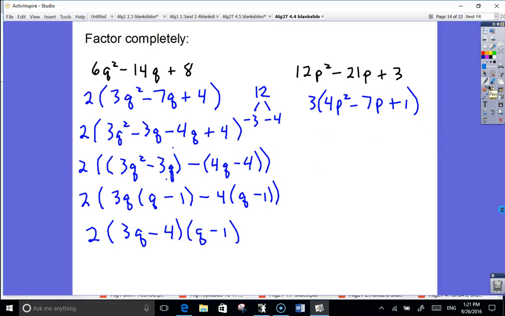In this case, are there factors of positive 4 that add up to negative 7? No. So you're done. Sometimes that's all you can do, just take out the constant. So this part here is not factorable. Let me say it like this: not further factorable.